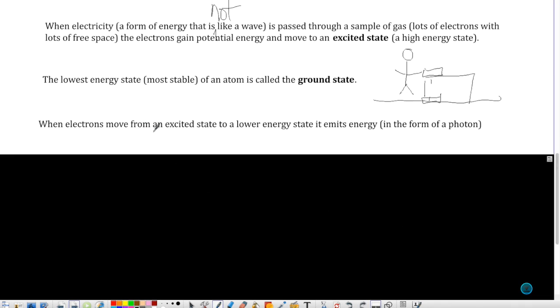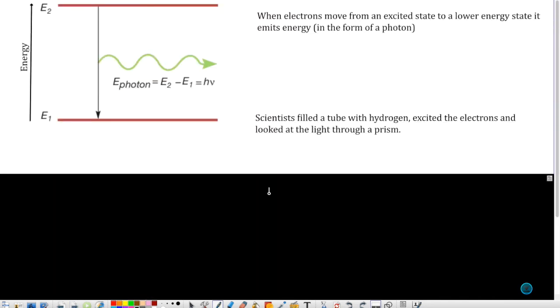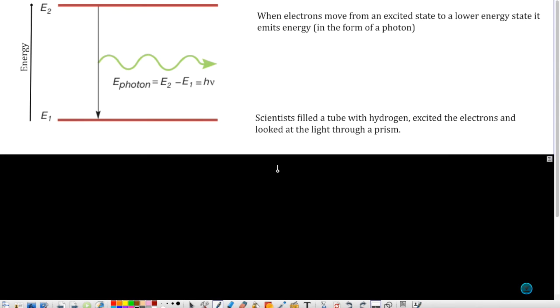When electrons move from an excited state to a lower energy state, they emit energy. When they move from a lower energy state to an excited state, they gain energy. These are all important things to keep in mind. Let me go through the setup with a diagram. Here's my ground state, and here's my excited state.